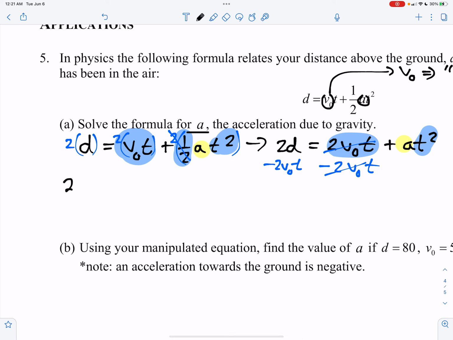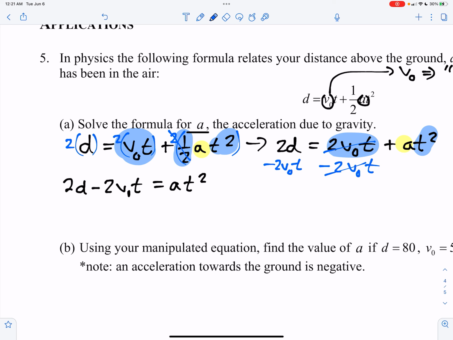So I get 2D minus 2 V naught T equals A times T squared.